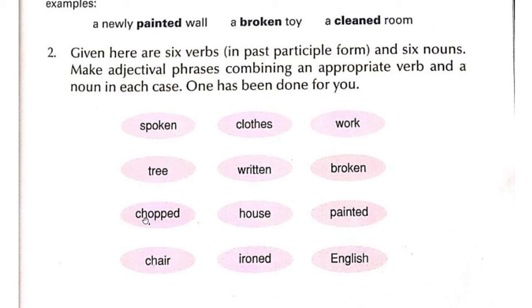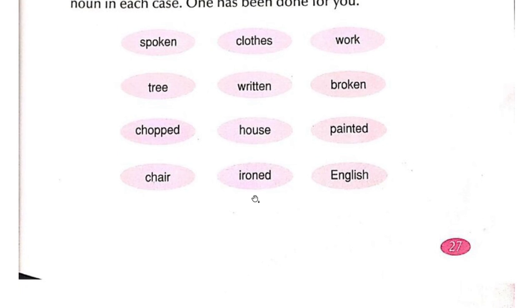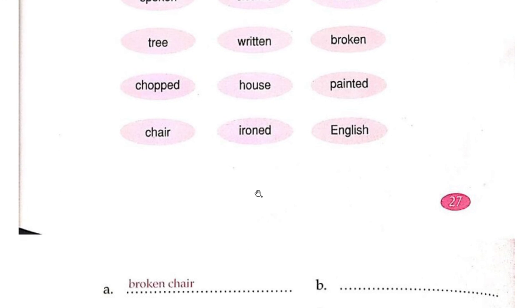So tree, clothes, chair, English, they are nouns. So here what are you given? Noun and the past participle form of the verb. You have to match the proper noun with the past participle form of the verb so that it can make a proper phrase. Like for example, the first one is done. Broken chair.